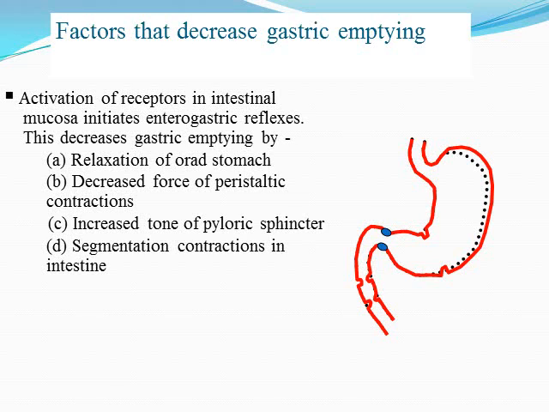And in addition, as it says here, we've got segmentation occurring in the intestine, which means that the chyme is forming these segments. And that indicates that there's food there, and therefore there should be a decrease in the entry of food from the stomach into the duodenum. So that decreases gastric emptying.